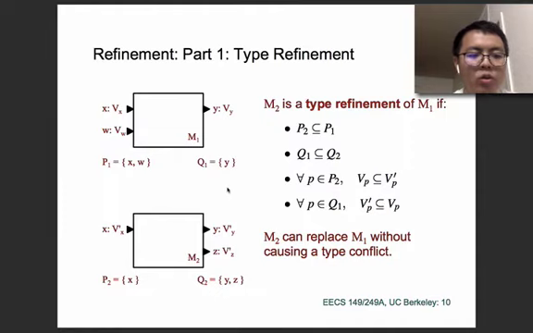There are also two similar constraints. One is that V sub Y is a subset of V sub Y prime, and the second is that V sub Y prime is a subset of V sub Y, which is the true constraint if we want M2 to replace M1.